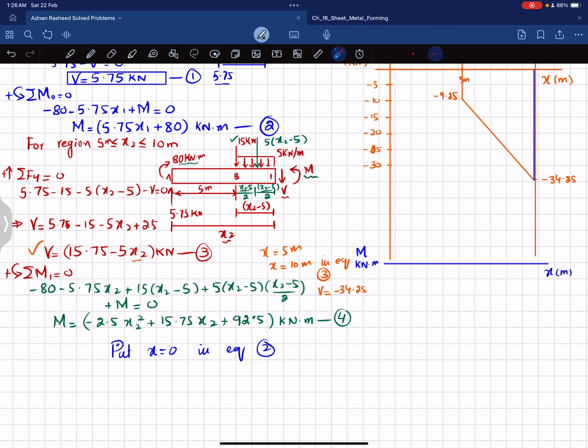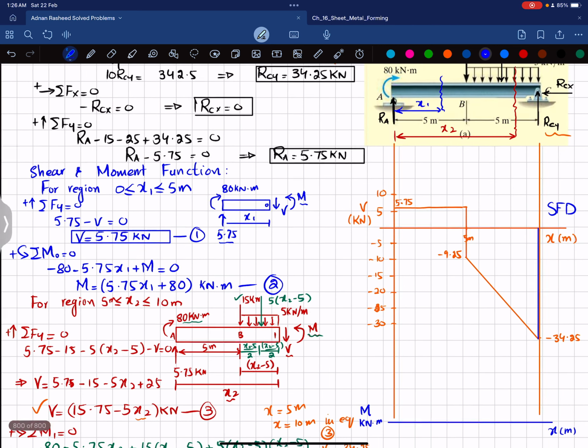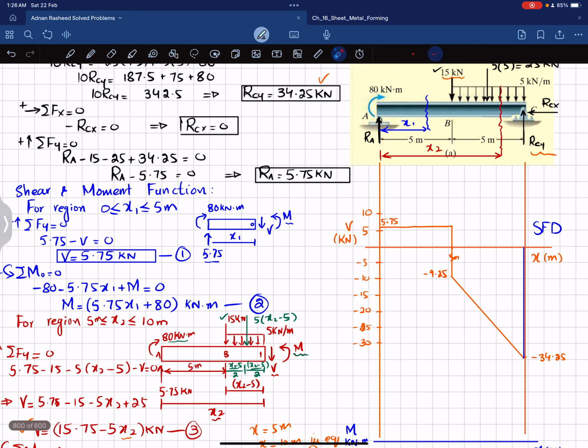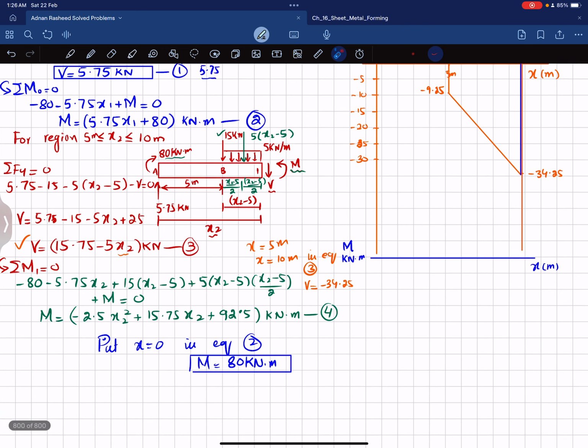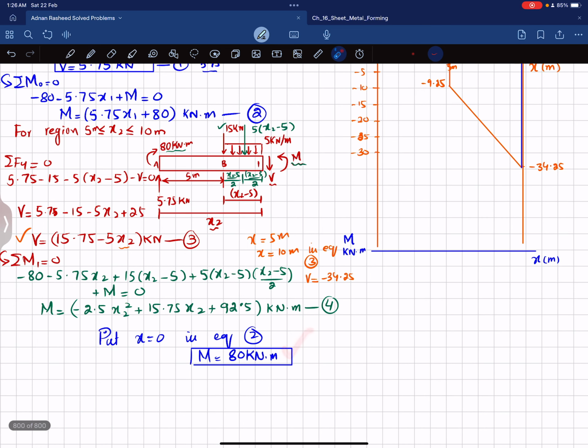So moment will be 80 kilonewton into meter. Also you can see this 80 kilonewton into meter is available over here, that is clockwise, but while drawing the bending moment diagram, this clockwise movement will cause the bending moment to go in positive direction, which is already shown over here. You can see you get positive value.